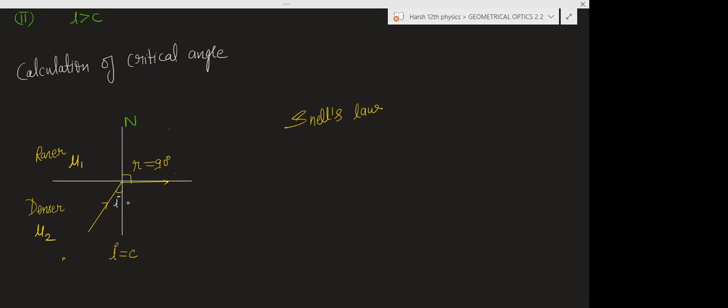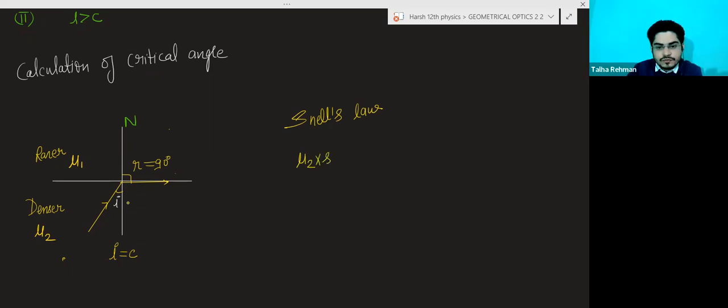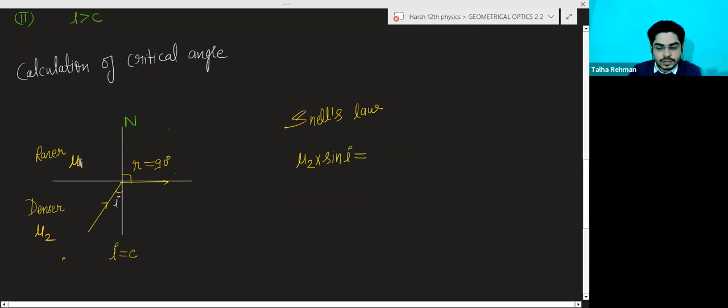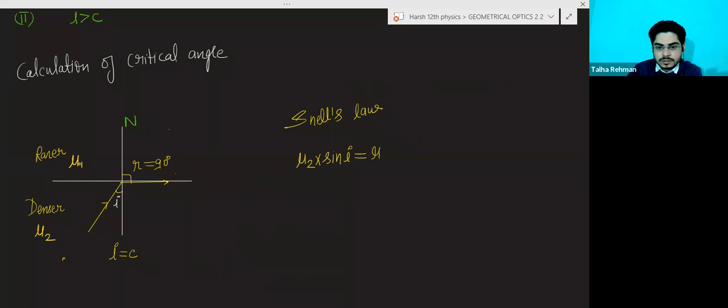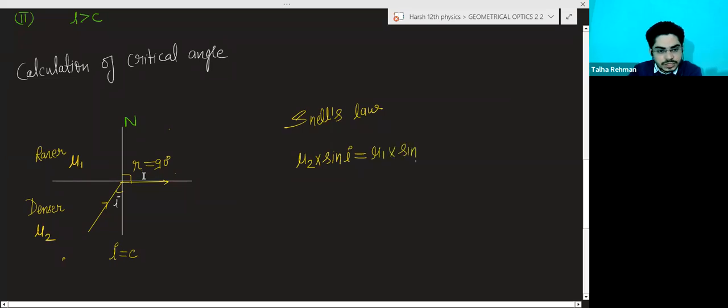Then the refractive index, that is mu 2, and the sine of the angle with the normal, that is sine I, is equal to the refractive index of the other medium, mu 1, multiplied by the sine of the angle with the normal. What is the sine of the angle with the normal? Sine 90.